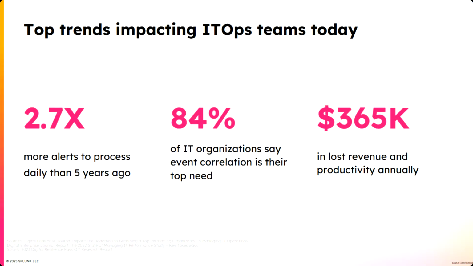So with that, let me move on and talk about the common challenges in incident management. This is what we see and hear from the top operations teams that we talk to, and these are statistics from the 2023-24 timeframe. In the last 5 years, there is almost a 3x increase in the number of alerts that large organizations need to process. 84% of those organizations say that event correlation is their top need.